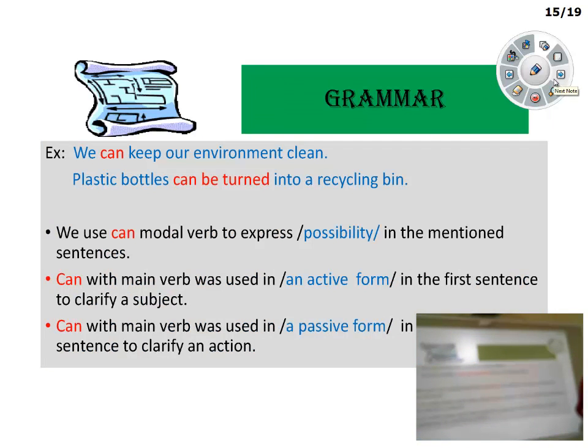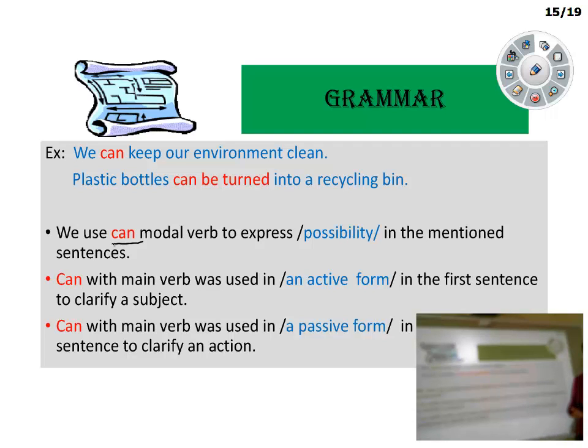Now, let's study the grammar and practice. We can keep our environment clean. Plastic bottles can be turned into a recycling bin. We can use can as a modal verb to express possibility in these sentences.